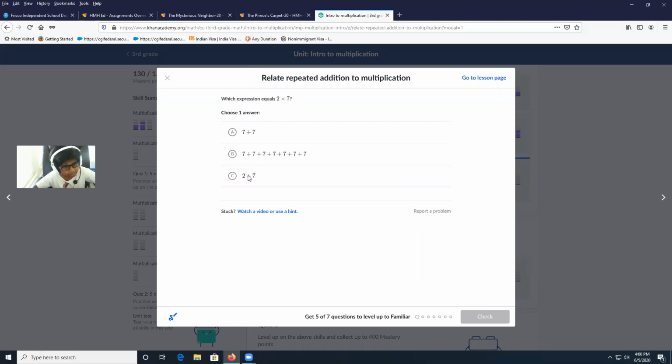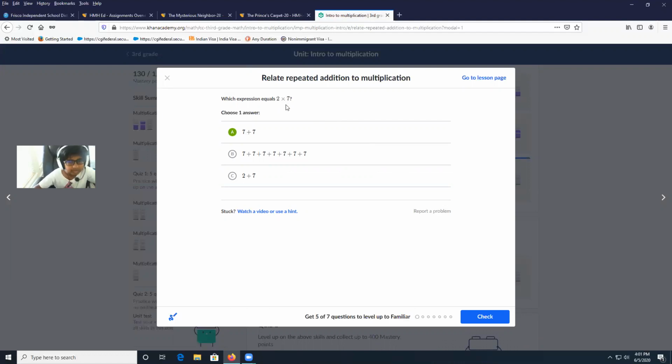It's not gonna be 2 plus 7. I explained this in the past video I did for Khan Academy. It is actually gonna be 7 plus 7, because the multiplication sign is not a plus sign. It's timesing it. If you didn't watch my second video, I'll put the link in the description, and I'll also put Khan Academy in the link.